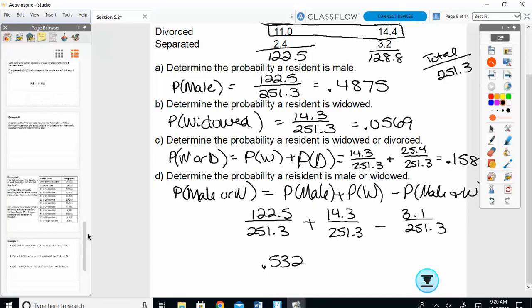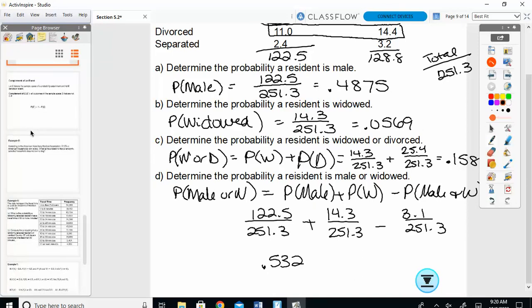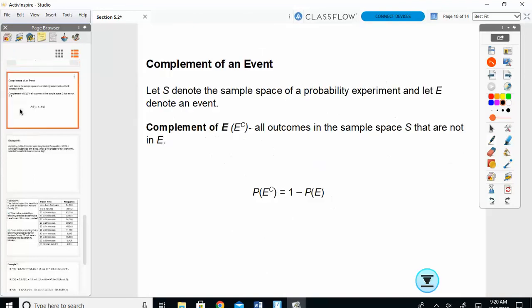The last piece that we're talking about today is a complement. So the complement is the opposite of a set. So if I said I want everybody in here that is a senior, the complement would be everybody that is not a senior. So you fit in one of the two groups, either you're a senior or you're a non. To find the complement, we know that the total probability always adds up to 1. There's different notations that you might see.